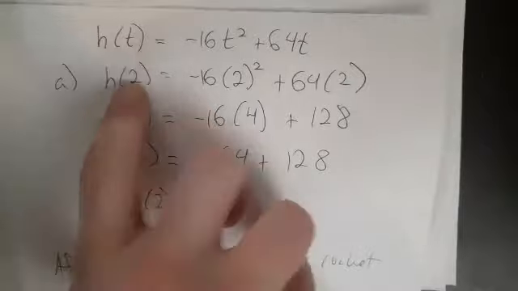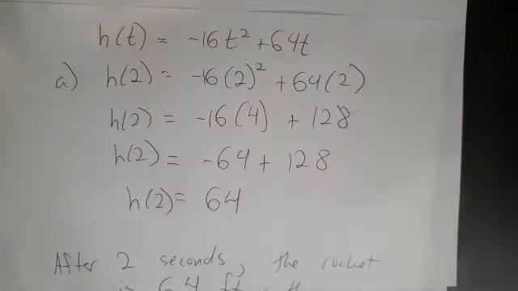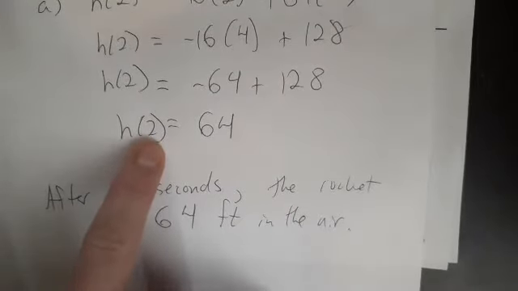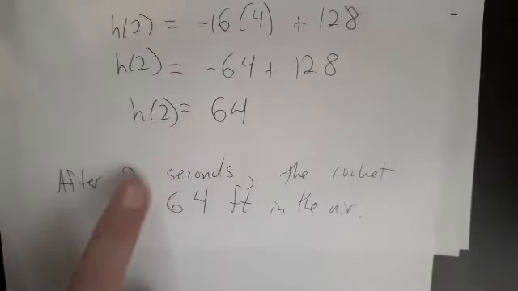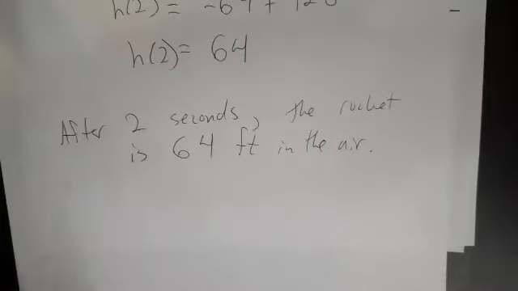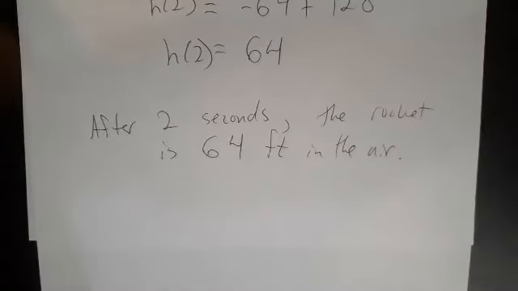I plugged in the 2 to my h function, which means after 2 seconds, it was that tall in the air. So don't look at that as multiplication. Don't do it.